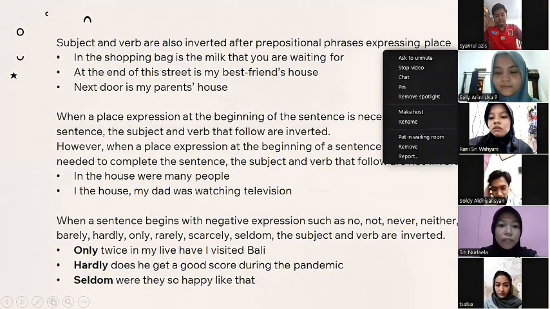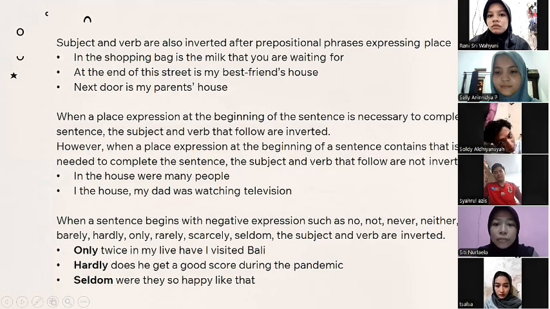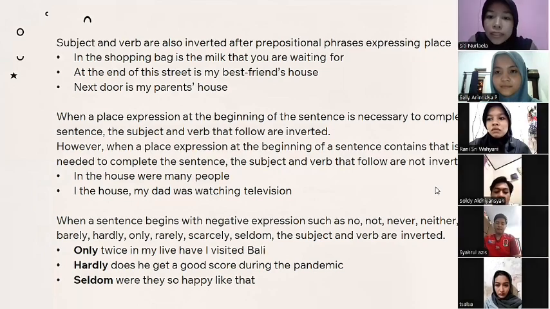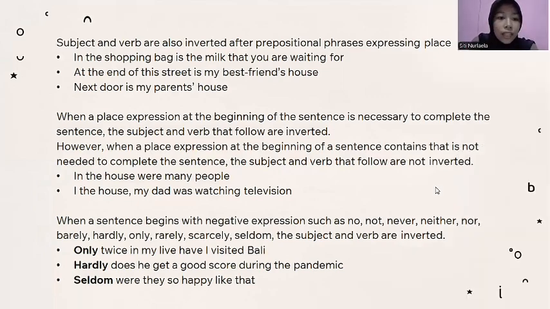Subject and verb are also inverted after prepositional phrases expressing place. In the shopping bag is the milk that you are waiting for. At the end of this street is my best friend's house. Next door is my parents' house.